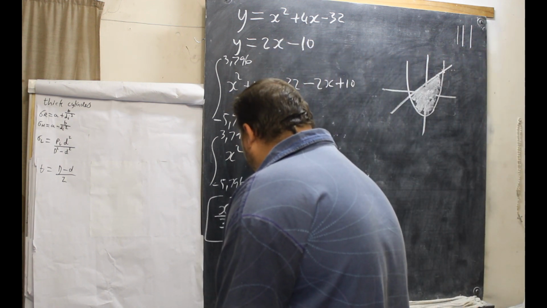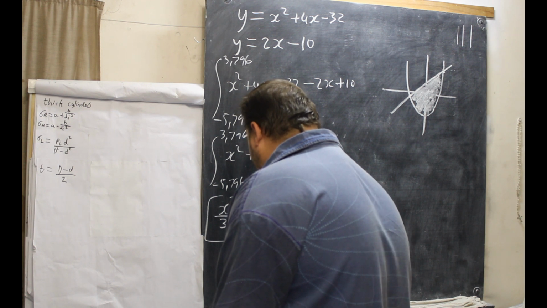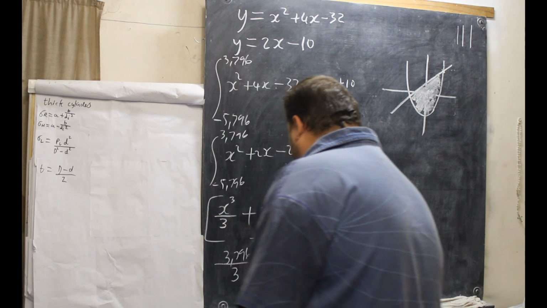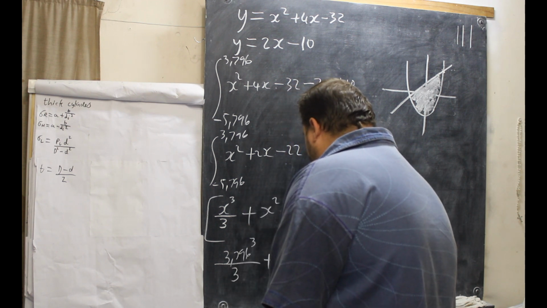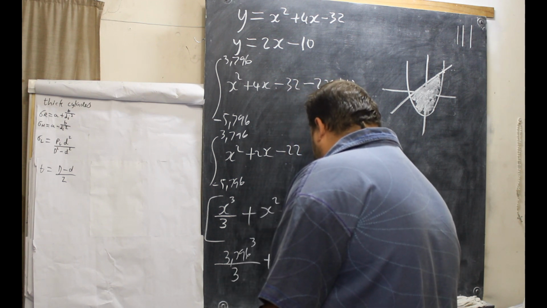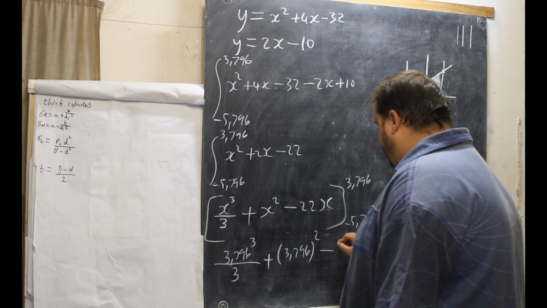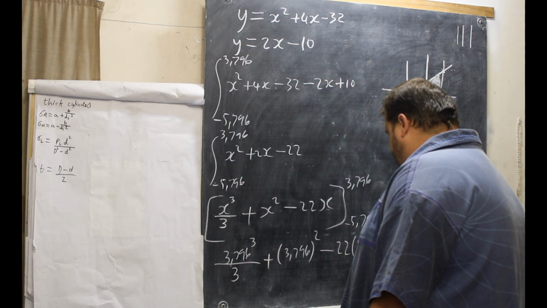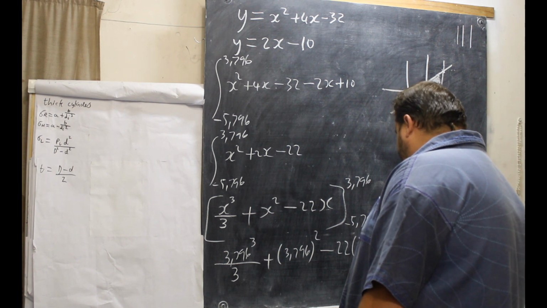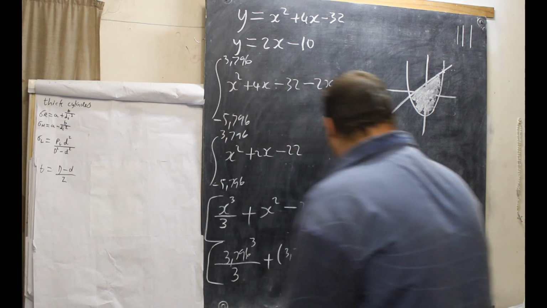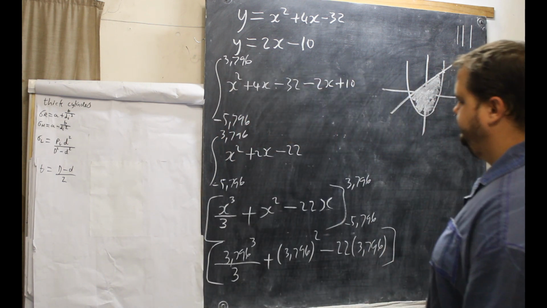So x1 cubed over 3 plus x1 squared minus 22 times x1. Put that in a bracket.